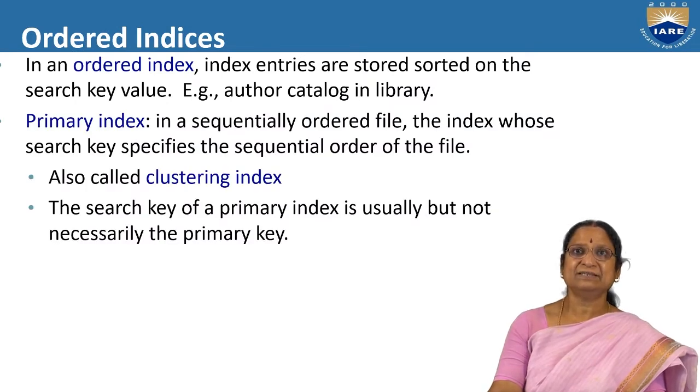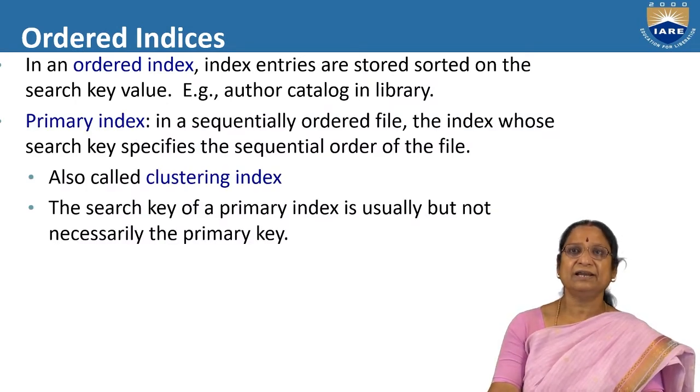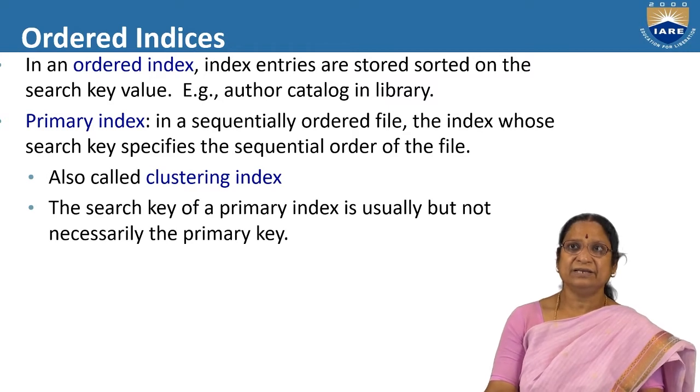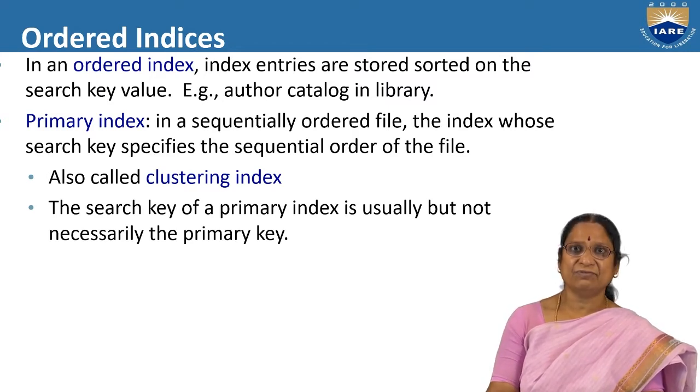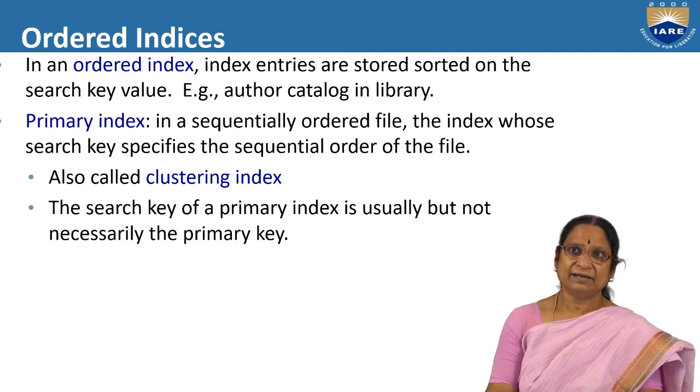Ordered indices means in an ordered index structure, index entries are stored in sorted order on the search key value, for example, an author catalog in a library or a dictionary.